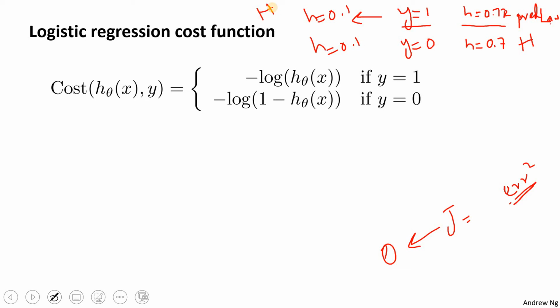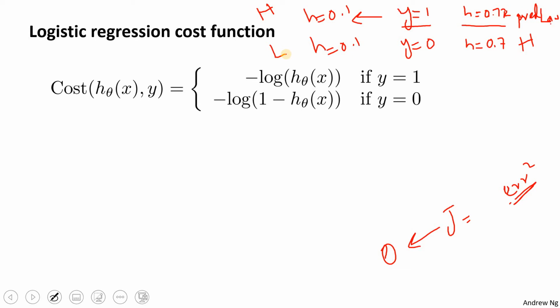Whereas if y is 0 and I predict 0.1, that means I am almost correct. I will predict it to be 0, so my prediction 0 will be the same as y equal to 0. So the cost will be low. Even if y is 0 and I predict 0.1, finally this 0.1 will become the value 0.